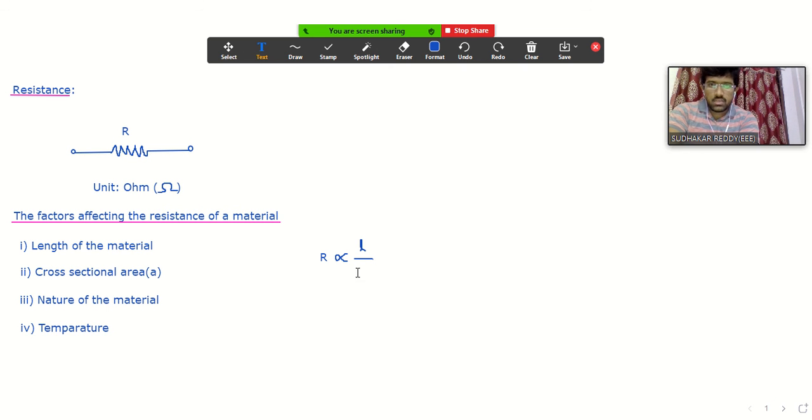At constant temperature, it has a direct relation with length and an inverse proportional relation with cross-sectional area, that is R is directly proportional to L by A.